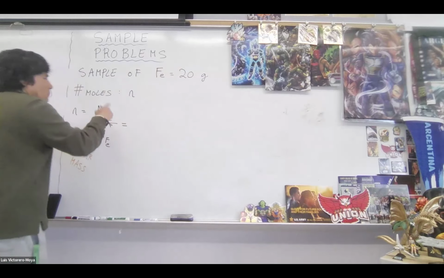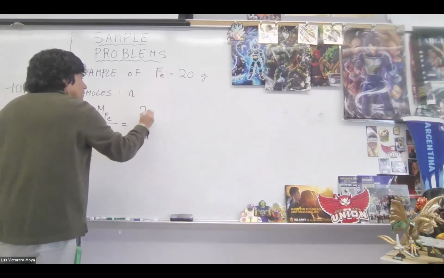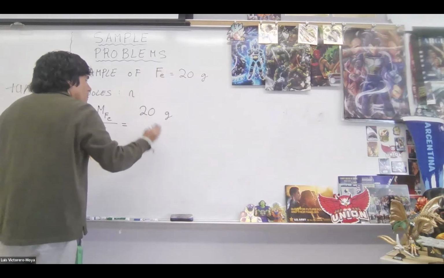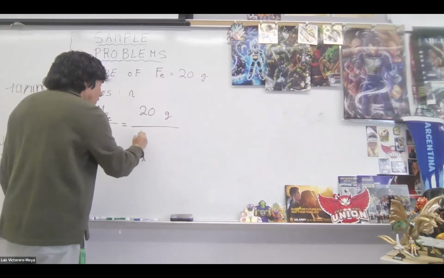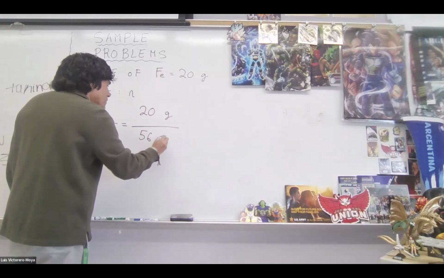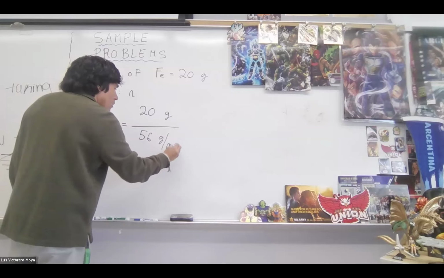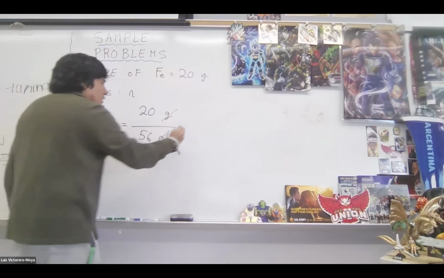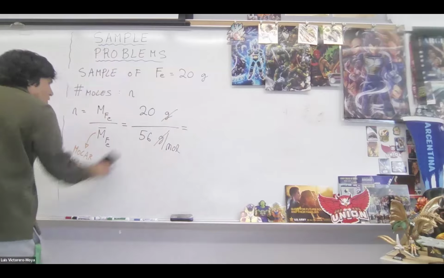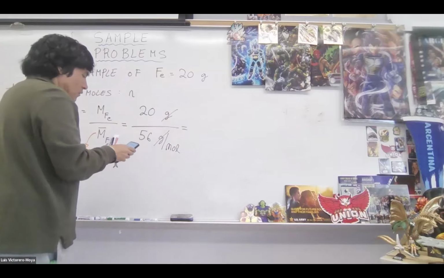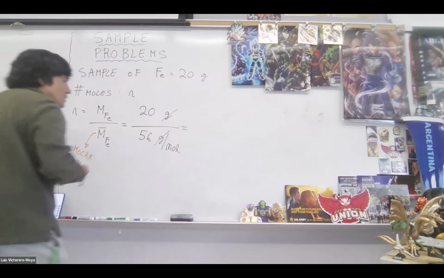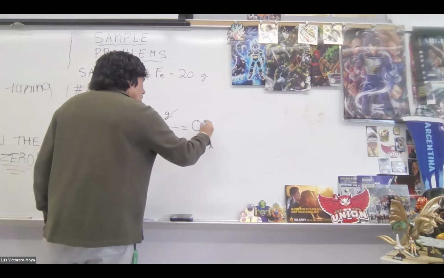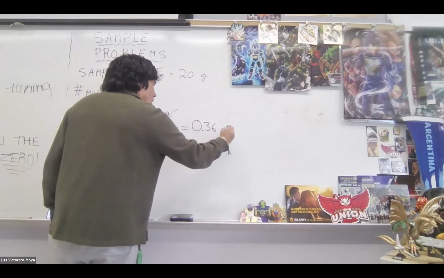So the mass of iron is 20 grams. Molar mass is 56 grams per mole. So grams cancels and you get 20 over 56. That's 0.36 moles.